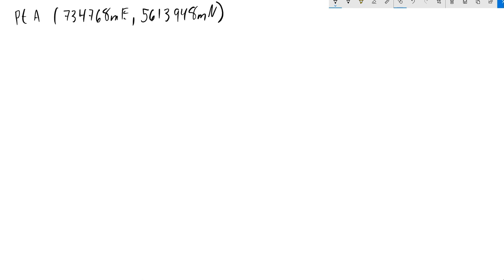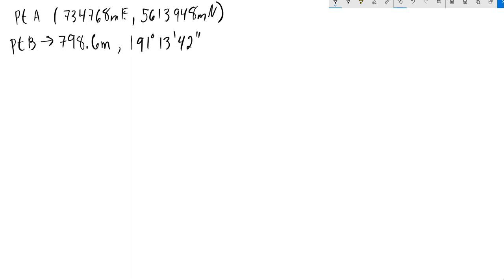Okay, so there's point A, and we know that point B is found at 798.6 meters at an angle of 191 degrees, 13 minutes, and 42 seconds.